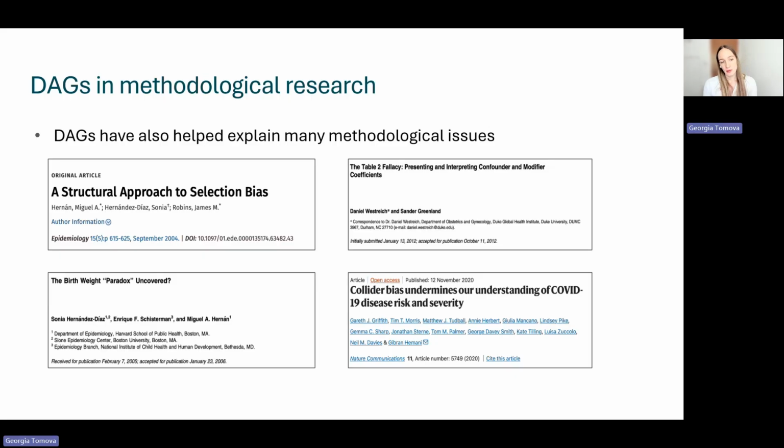And DAGs have also helped uncover a lot of apparent paradoxes, like the birth weight paradox. And that's also how we're going to use DAGs in this section, to try and understand conceptually the problem of mode effects and mode selection.